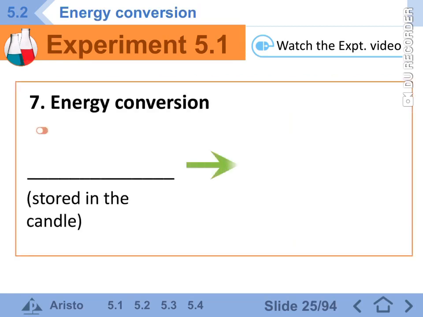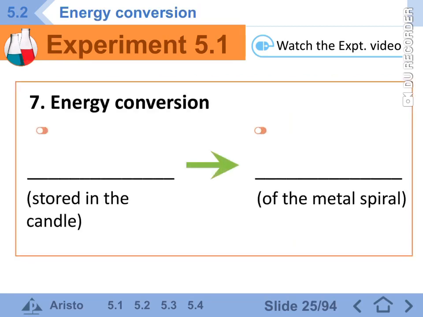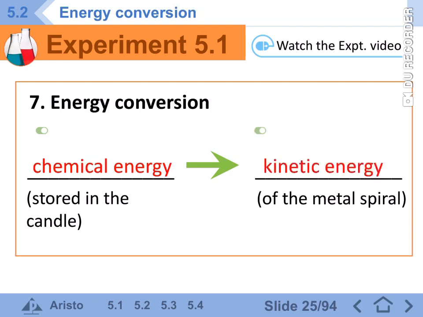Now the energy conversion: the energy is first stored in the candle in terms of chemical energy. When you burn the candle, this chemical energy is released. And what happens to the metal? It turns into kinetic energy. So it starts from chemical energy and changes all the way into kinetic energy.